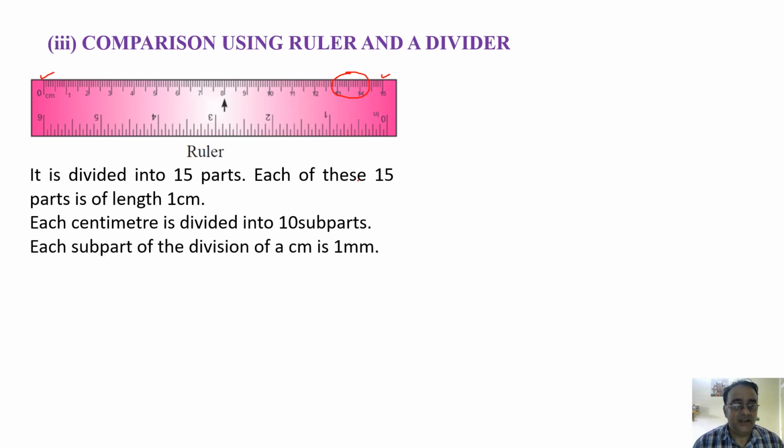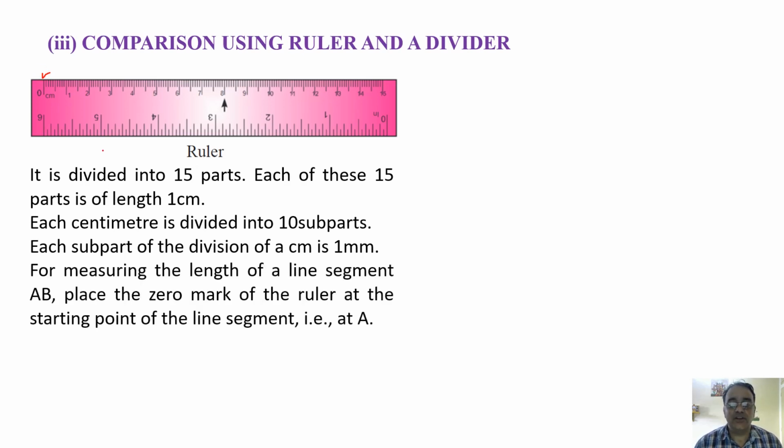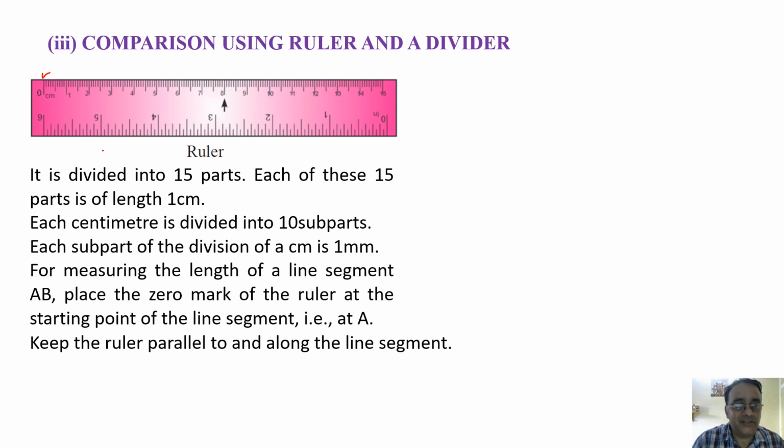Now, for measuring any length, say AB, we will place the 0 mark of the ruler at the starting point of the line segment, that is A. We will keep the ruler parallel to and along the line segment, not tilting it up or down.